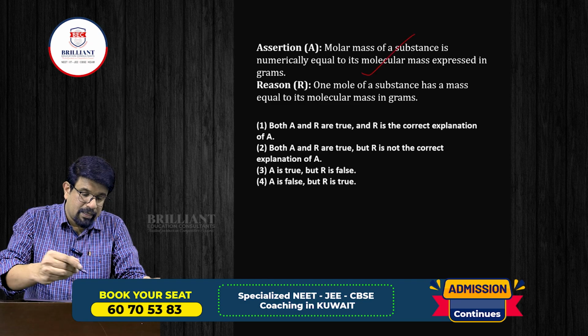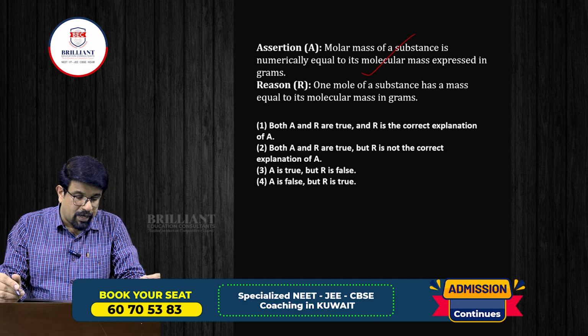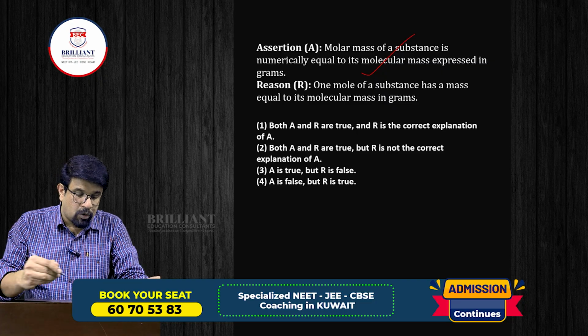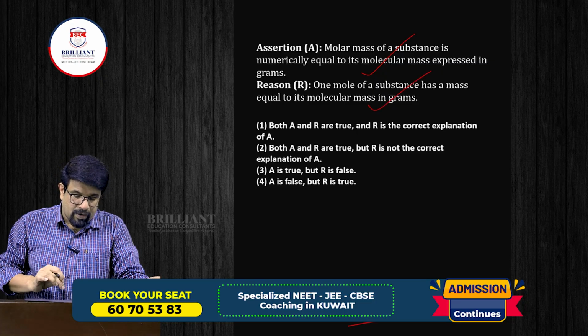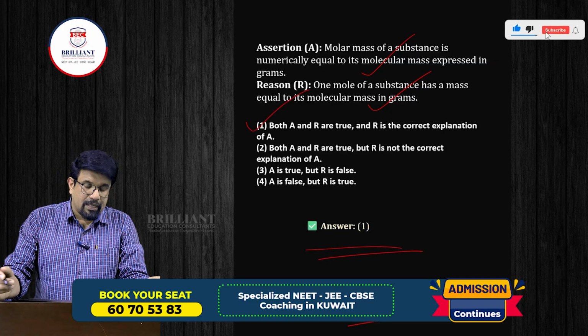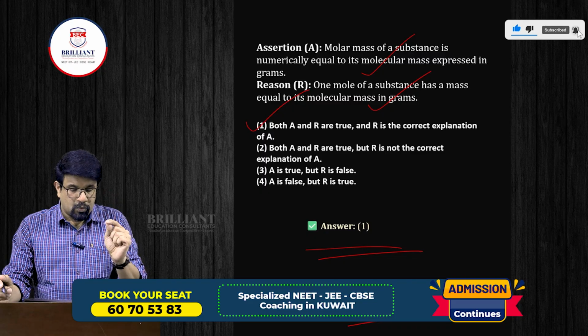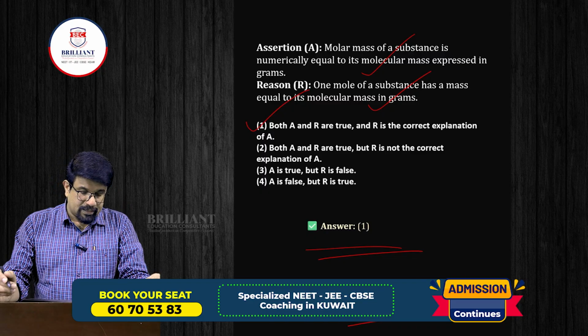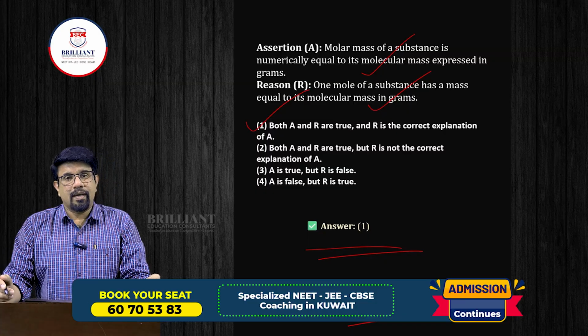That is correct. And the reason is that 1 mole of a substance has a mass equal to its molecular mass in grams. So what is the correct answer, students? Yes, answer 1. Both assertion and reason are true, and reason is the correct explanation of assertion. So 1 is the correct answer.